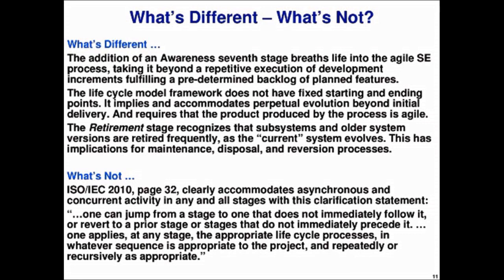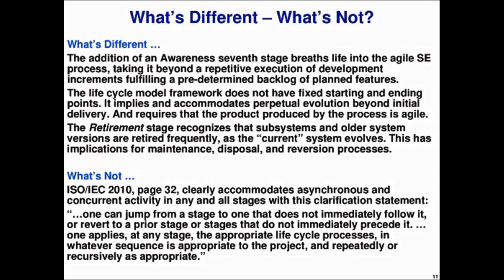It's also important to understand that the retirement stage in the 15288 life cycle stages is considerably different in terms of the things it has to deal with, because an Agile system engineering process producing an Agile product makes very frequent changes to that product over its lifetime. And that lifetime may be a decade or two.